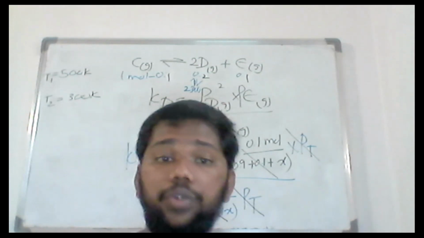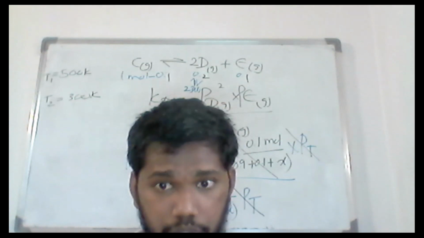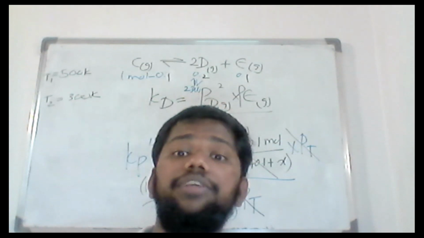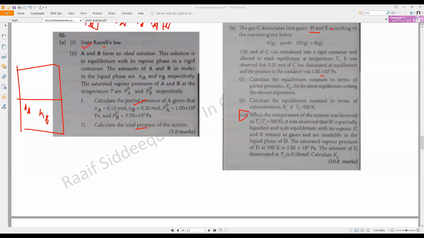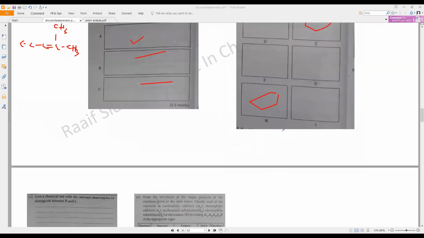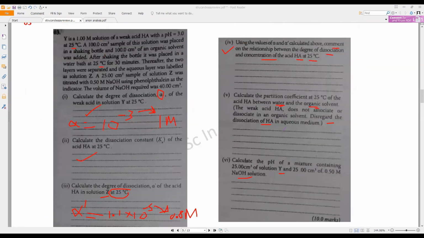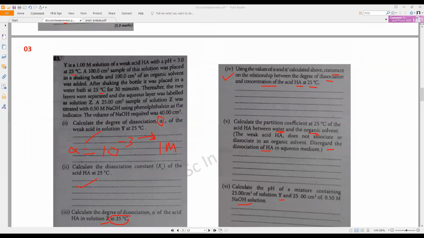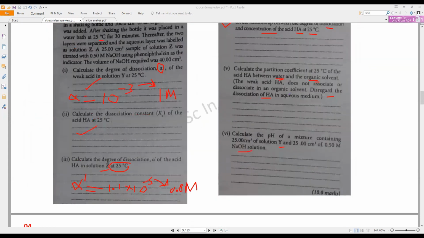So I have told you in the previous cases also, we don't study this in the typical theory subject, but you can apply it here. So you saw one of the applications in question number 3, where they combined ionic equilibrium with homogeneous phase equilibrium.